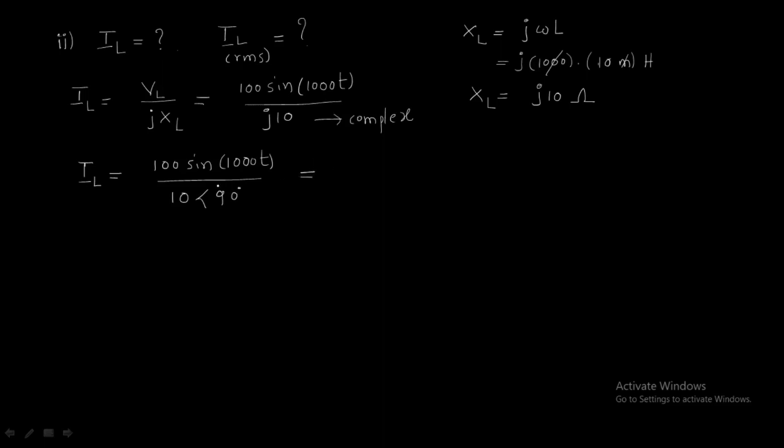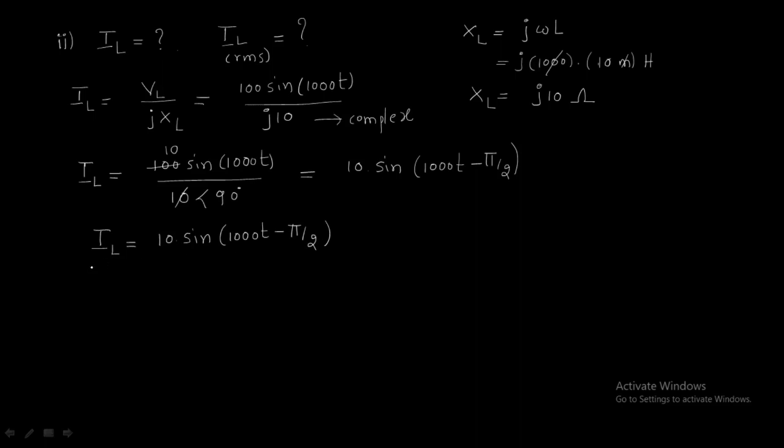So 10 is the magnitude, and since the source has angle 0, the 90 becomes minus 90. Finally I can write 10 sine(1000t minus 90), that is 10 sine(1000t minus pi by 2).